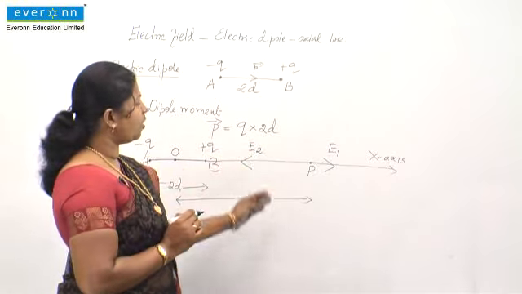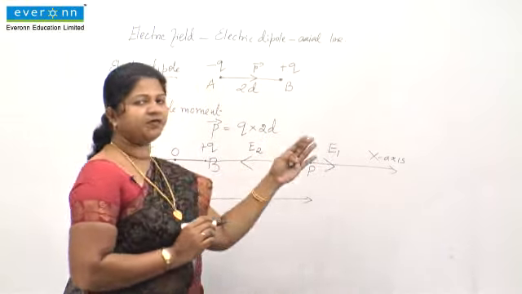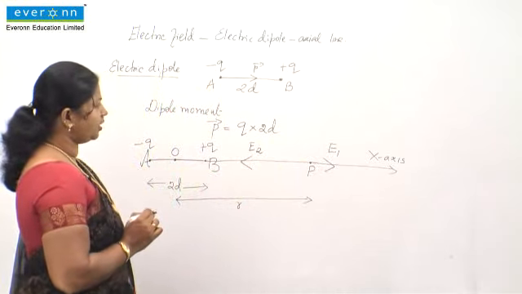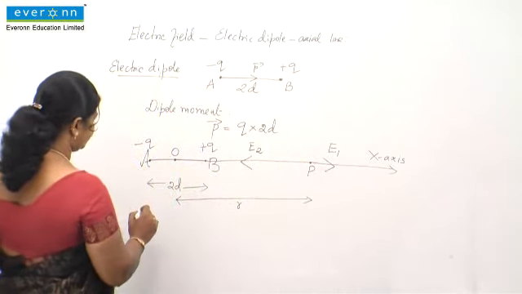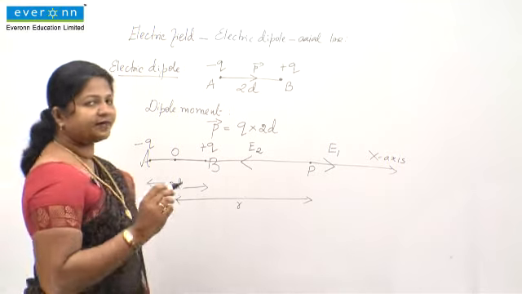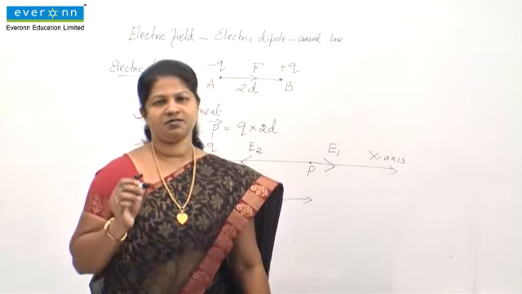First of all, we should know the electric field for the charge plus q, then for minus q, and then we have to find the resultant electric field. So, let us calculate E1 first. The electric field equation is 1 by 4 pi epsilon naught q by r square.